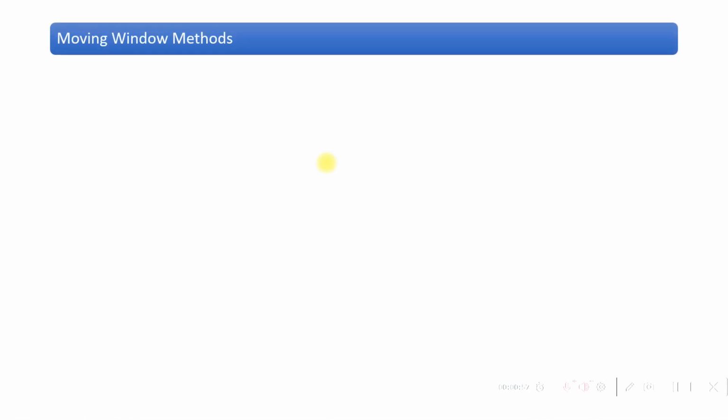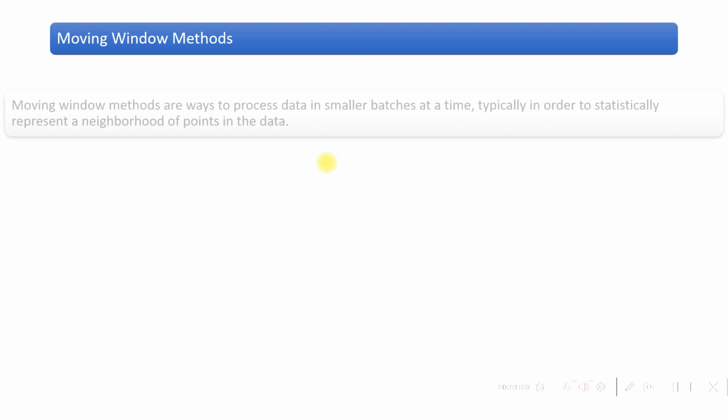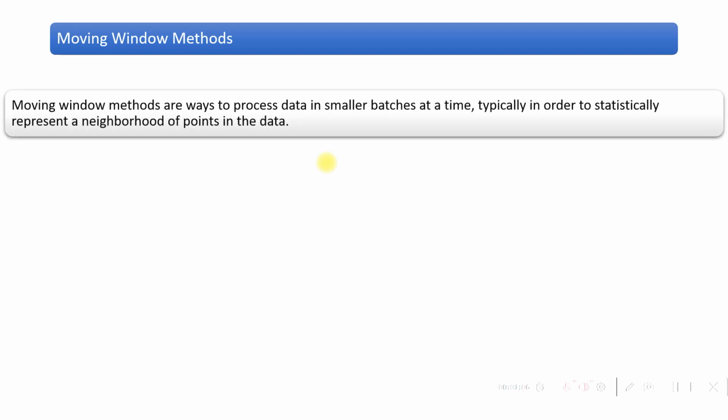First, a very important and prominent method is the moving window method. Moving window methods are ways to process data in smaller batches at a time, typically in order to statistically represent a neighborhood of points in the data.